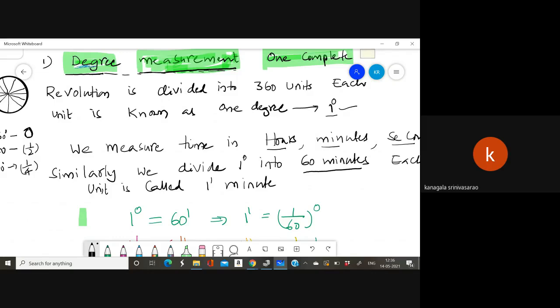That means 1 minute is 1 by 60th degree. To convert minutes into degrees, you multiply by 1 by 60.